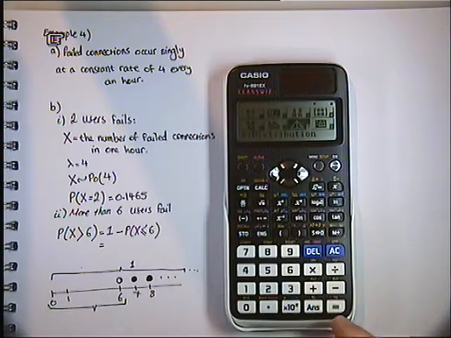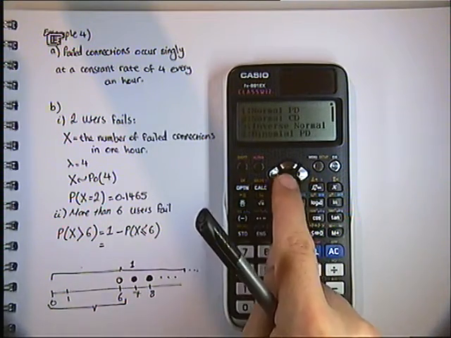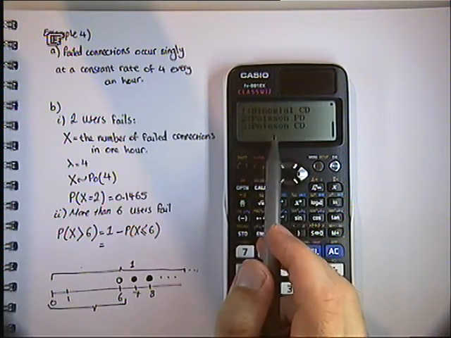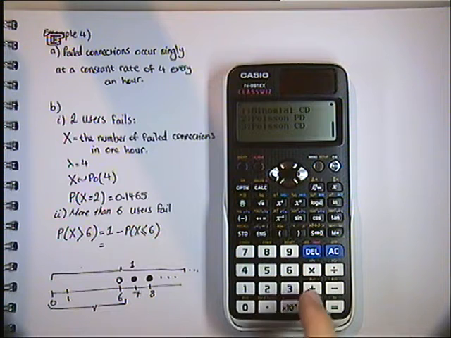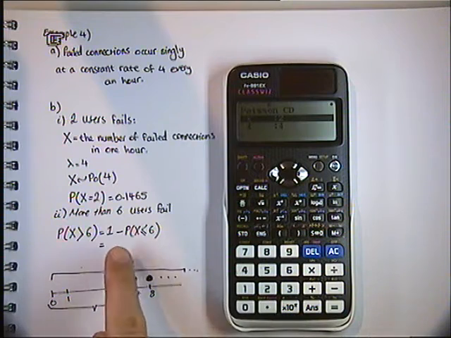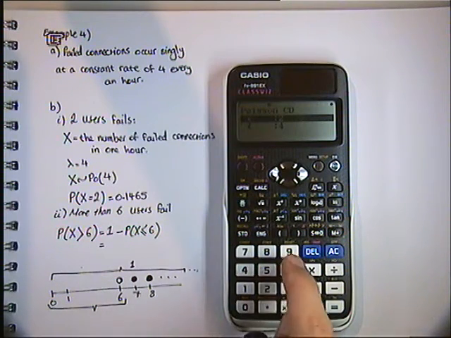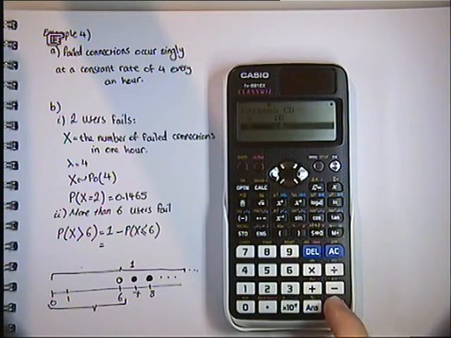let's go to setup, and this time we need Poisson CD, because we are looking for less than. Number 3, so variable, and then x is equal to 6 and lambda is equal to 4.